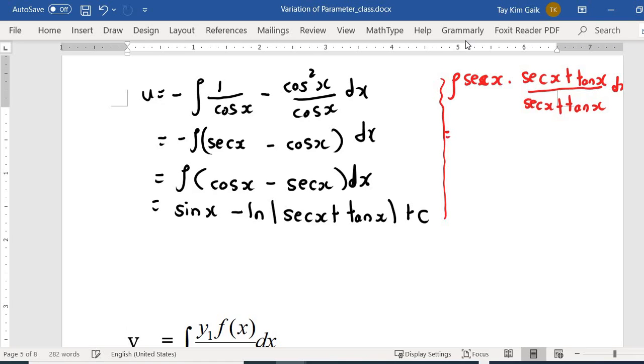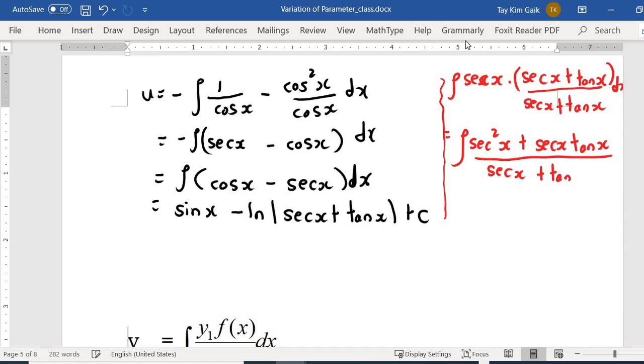Expanding the numerator, you get secant squared x plus secant x tangent x, divided by secant x plus tangent x, dx.